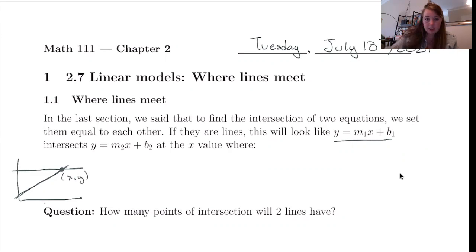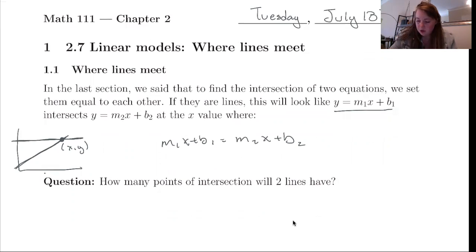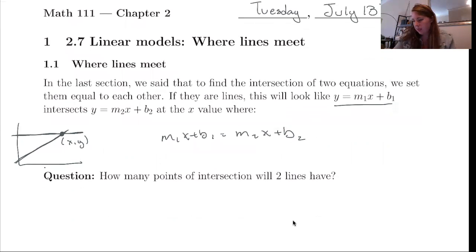So the y's are going to be equal, so it'll be m1x plus b1 equaling m2x plus b2. So the x values satisfy that equation. That's what we're looking for, right? It poses the question sometimes when solving for these x values: how many times are these two lines going to intersect?